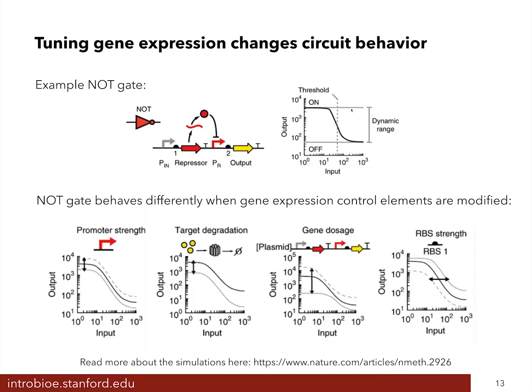Now, what we care about in these types of synthetic genetic circuits is the dynamic range. What is the difference between the on state and the off state? You want a big dynamic range, or a big difference between on and off, for most biosensors or most synthetic genetic circuits, because if you produce, for example, just a little bit of fluorescent signal in response to arsenic, then it can be really difficult to see: is my bacteria fluorescing or is it not?